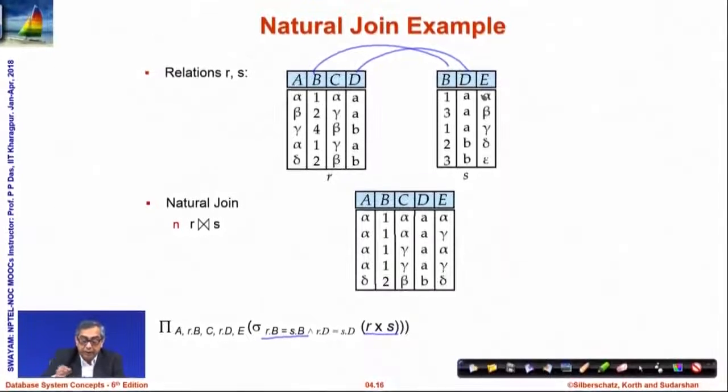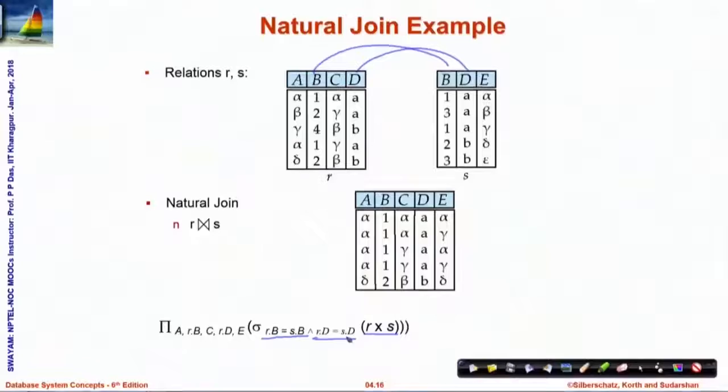Similarly, D is a common attribute, so the value in R dot D and the value in S dot D has to be the same. So, based on the Cartesian product, you do a selection for equality of values on attributes which are identical between the two relations, between the two tables. This is the final selection.